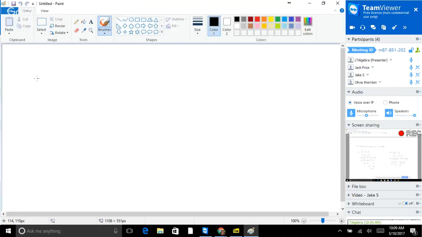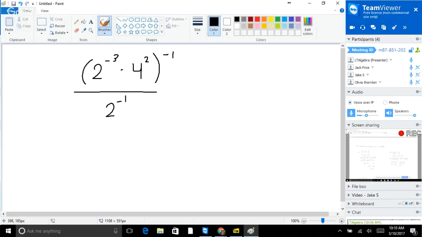Okay, so 23 is 2 to the negative third times 4 squared to the negative 1, divided by 2 to the negative 1.